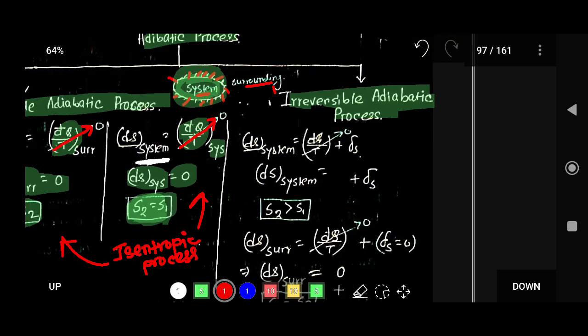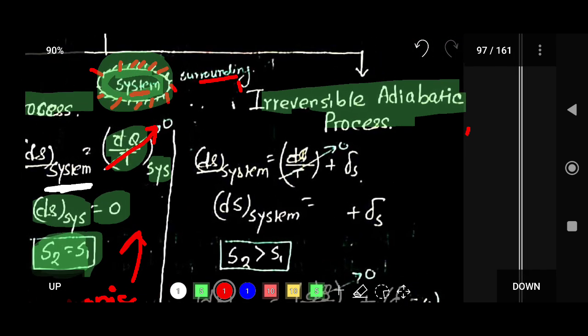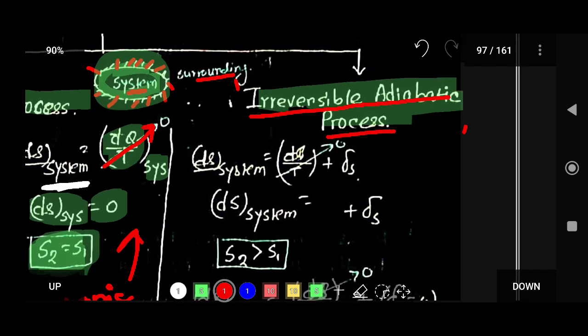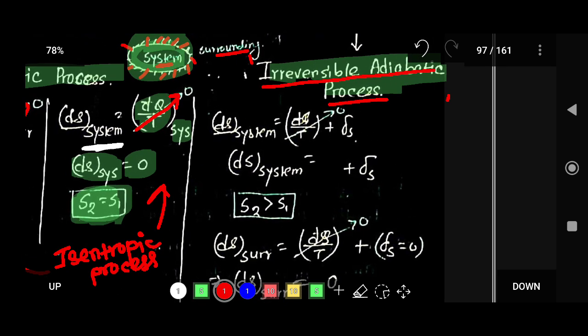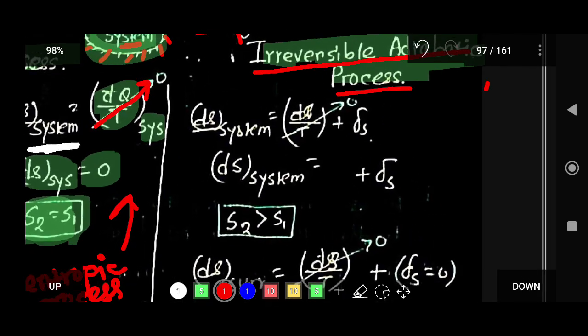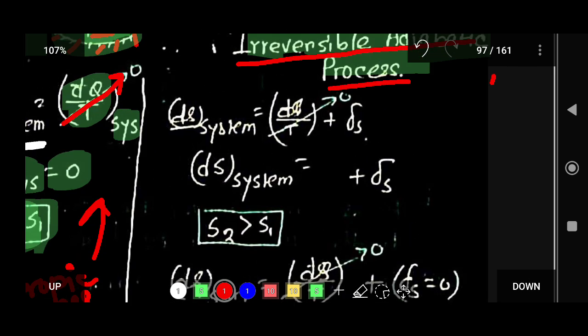Now if it is an irreversible process, for the system the entropy change is equal to delQ by T plus delta S generation. If this is insulated, then the heat term is 0.